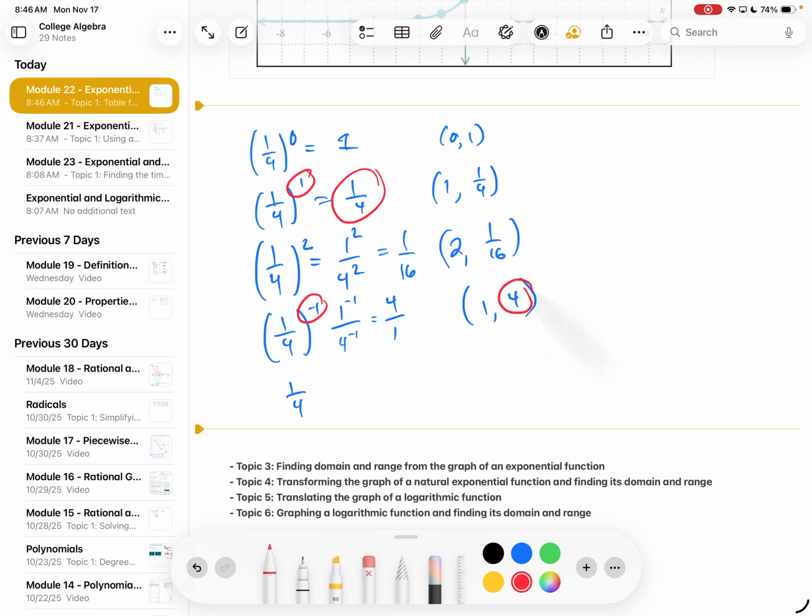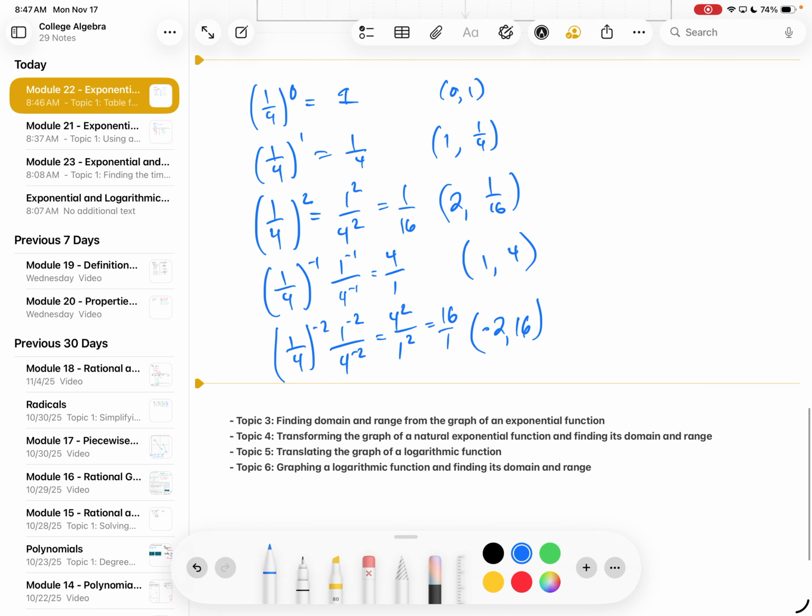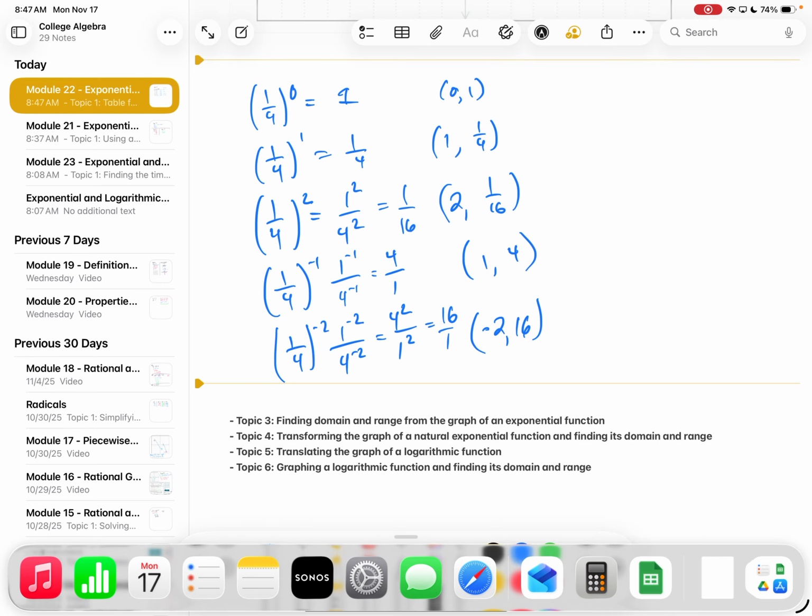All right, finding the domain and range. Oh, this one you just got to look at it. This one shouldn't be too bad. Oh, we don't even have to use, we get to use inequalities too. So we don't even have to use interval notation. Okay, so the range, remember the range is your y's.